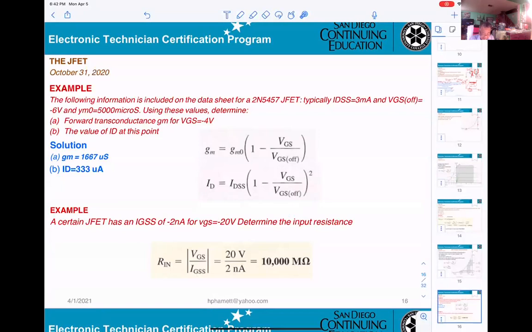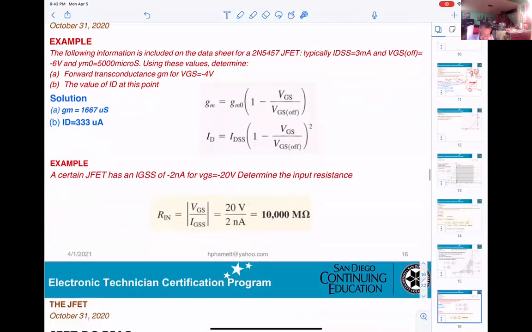The unit of GM will be Siemens. Also, this is just a formula. For a certain JFET, they give you IGSS and VGS and want you to calculate the input resistance, and that's where you can apply the formula.